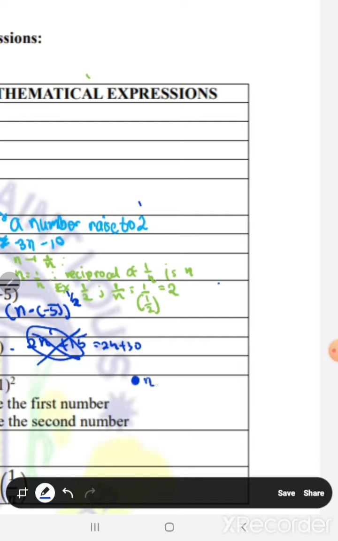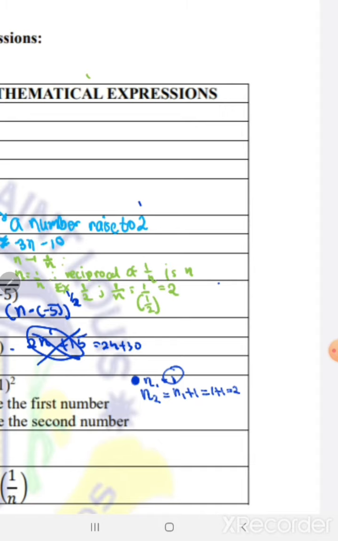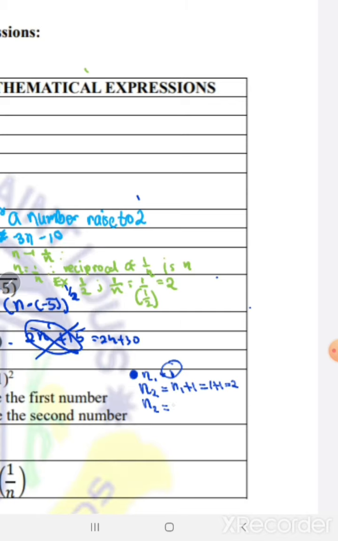n1, which is equal to n, or let's say 1, your n2, which is denoted by n1 plus 1, but take note that our n1 is equal to 1, therefore it can be 1 plus 1, which is equal to 2, and our n3, which is equal to n2 plus 1, our n2 is equal to 2, so 2 plus 1 is equal to 3, and n4, which is equal to n3 plus 1, which is equal to 3 plus 1 equals 4.